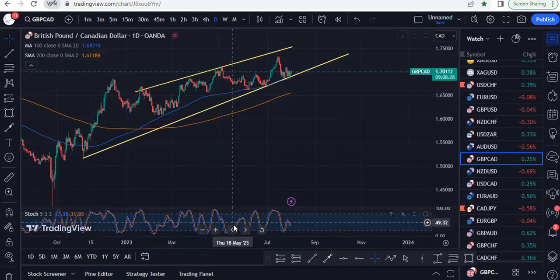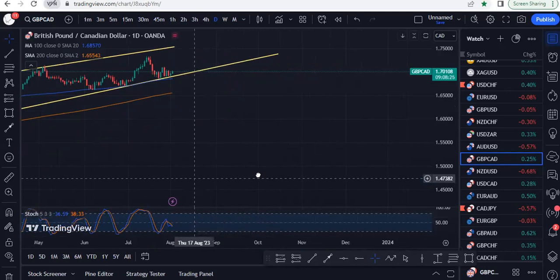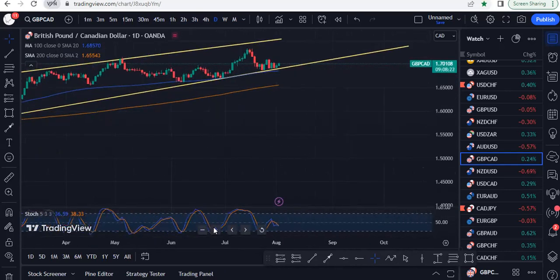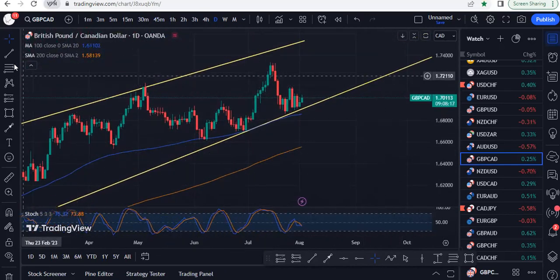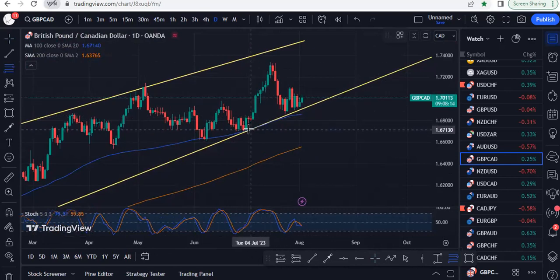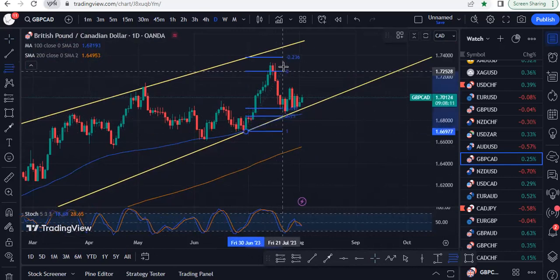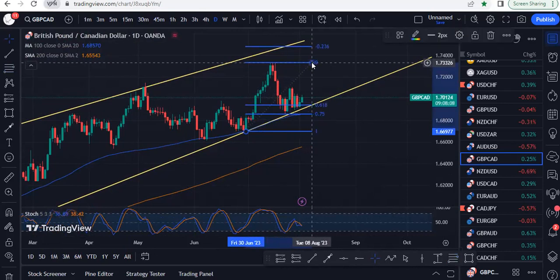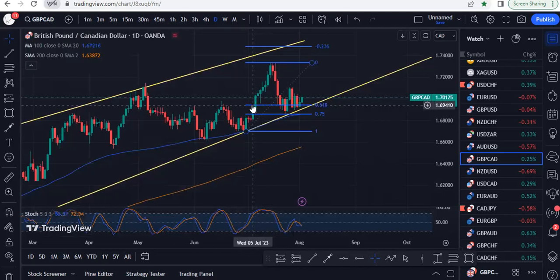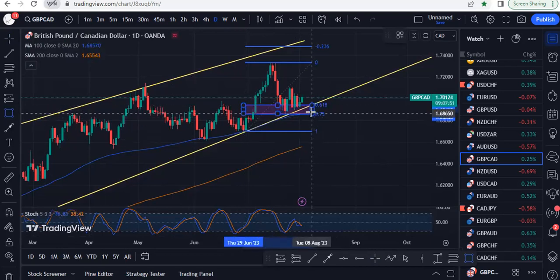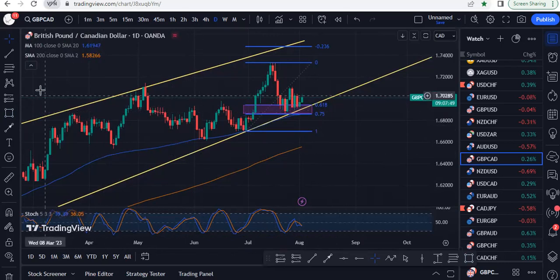And what I'm going to do is to find my golden ratios. So as you see, I'll take my Fibonacci and connect it from the bottom to the top. As you see here, we have our zone, and inside this zone we have our golden ratio zone.